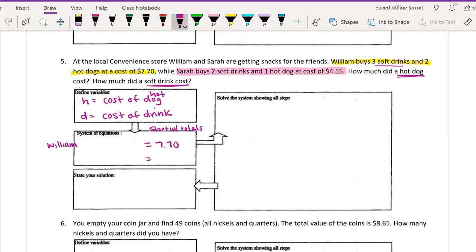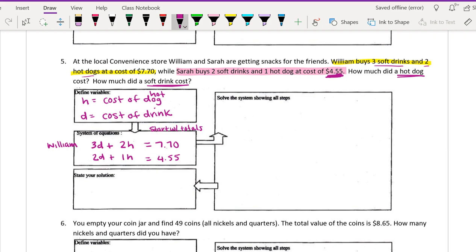He had 3 soft drinks, so that's 3D, plus 2 hot dogs, so that's 2H, and spent the $7.70. Sarah buys 2 drinks. So my total was $4.55. There's my total, $4.55. And she bought 2 drinks and 1 hot dog for $4.55.